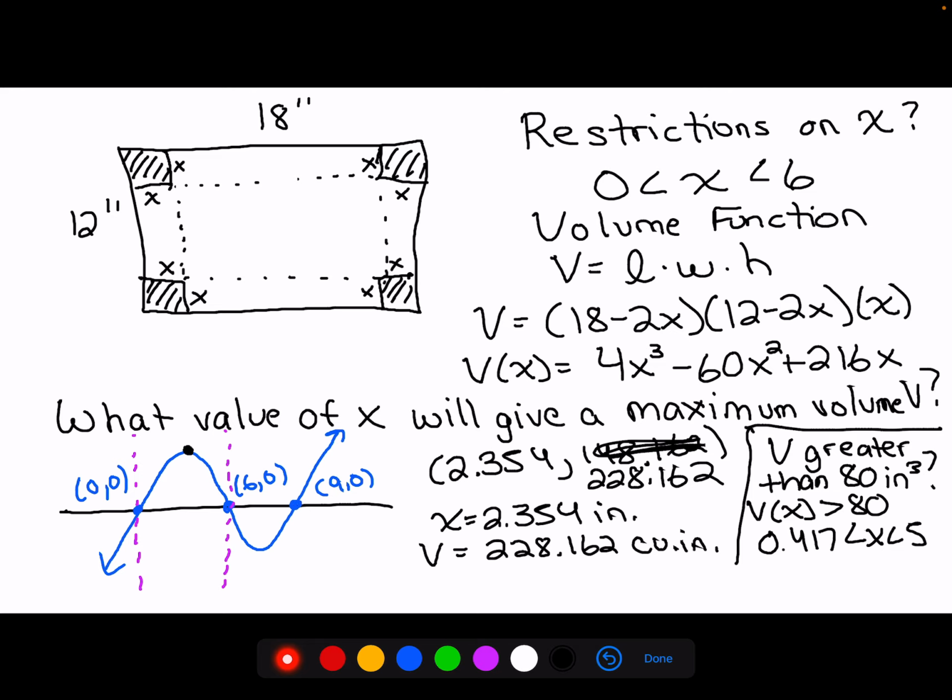So for the greater than 80, it's limited to where that's happening. But adjusting the function allowed me to go in and play and see what's going on there.